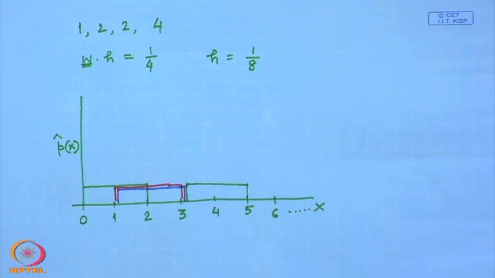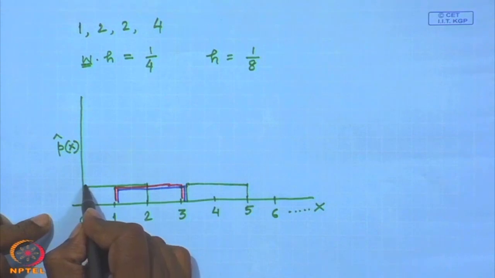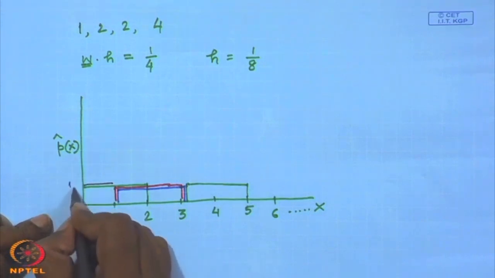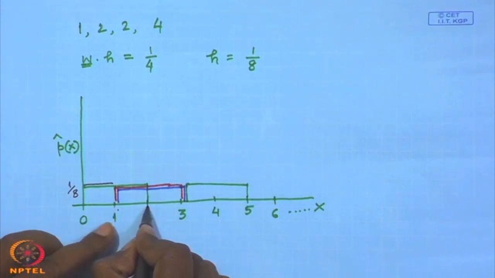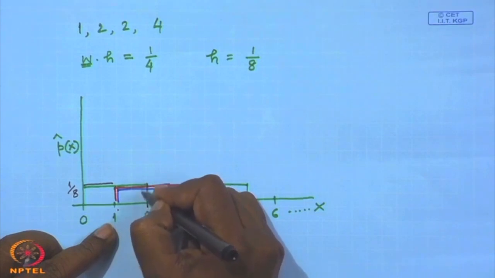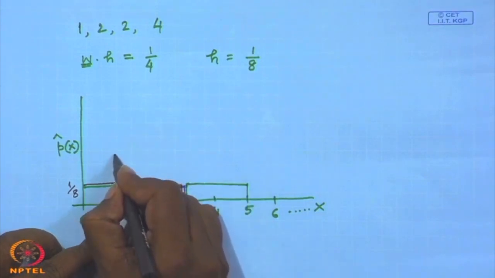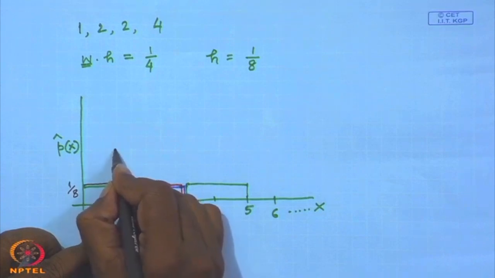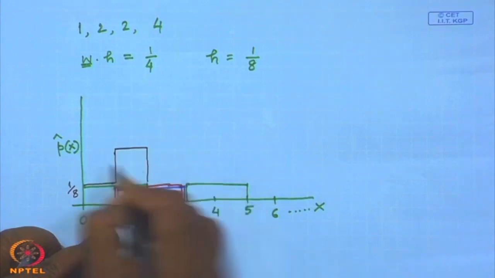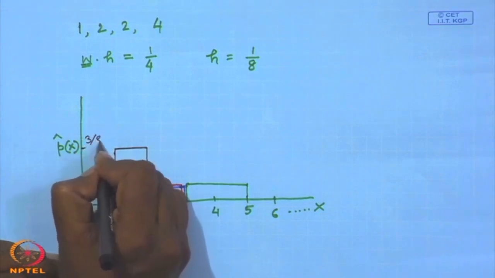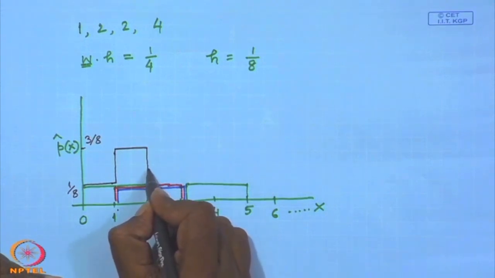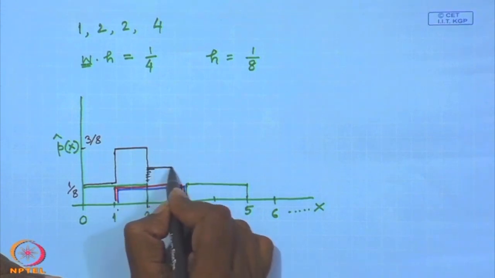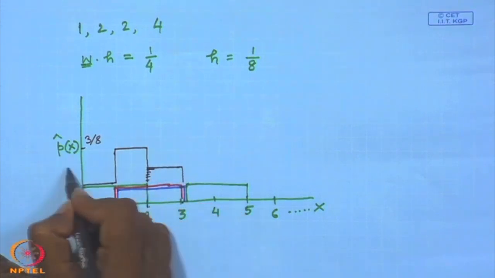And now, if I combine all these windows together, that is what is going to give me the probability density estimate. So, here I had only one window, this is 1 upon 8. Here from 1 to 2, there are 3 windows which are superimposed. So, in this region, the height of the probability density will be 3 by 8. From 2 to 3, I have 2 windows superimposed. So, here the height will be 2 by 8.